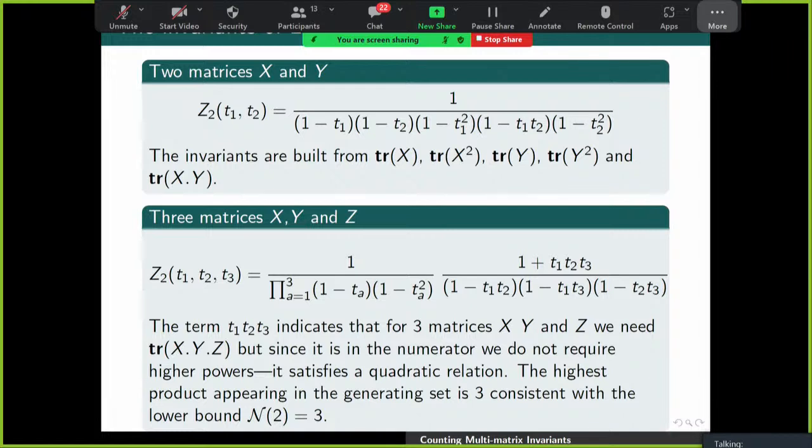The T1 T2 T3 does not appear as a square, so it is an elementary generator, and it corresponds to the trace of xyz, and it matches the longest string that we would expect, being 3. But its square satisfies a relation, so it's really just a Z2 variable that's in here.